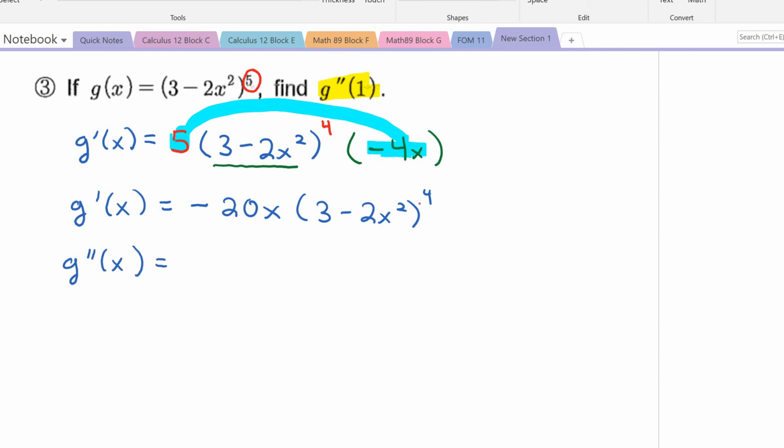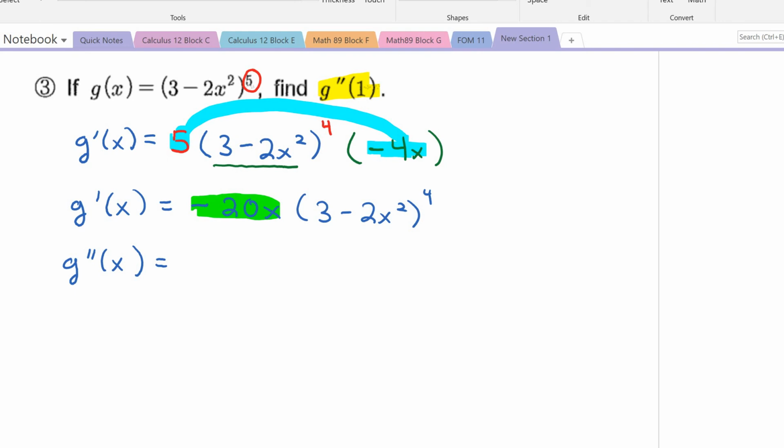And the power rule states that this 4 comes out to the front, and 4 times negative 20 will be negative 80. Actually, sorry, I'm gonna go back a bit. Although I can do that, I think it might be better for me to use the product rule here, and the product rule states that I need to take the derivative of the first term here, multiply with the second term.